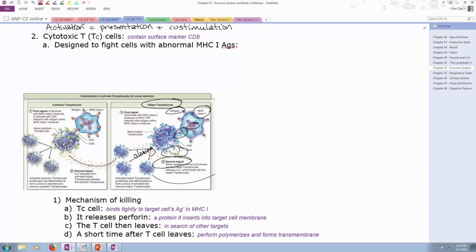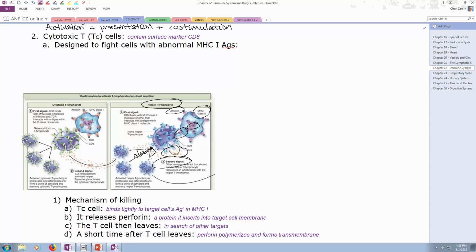And so when we present, that's interaction, that's starting the car. And then when co-stimulatory enzymes are released onto that helper cell, for activation of this helper cell, we're putting it into gear and getting the T helper cell to do what it's supposed to do, which is to clone, to make identical copies of itself that can go out and co-stimulate other cells so that they can clone and do their job.